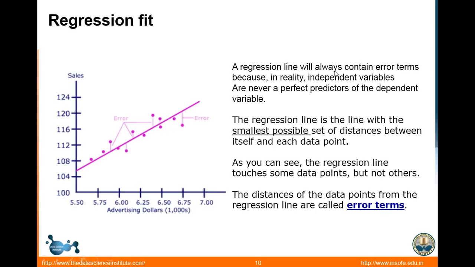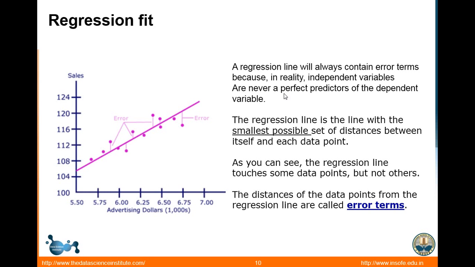So a regression line will always contain error terms, because in reality independent variables are never perfect predictions of the dependent variable, and the regression line is the line with the smallest possible set of distances between itself and each data point.